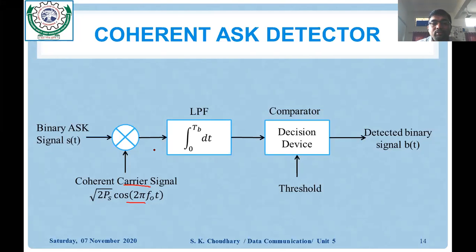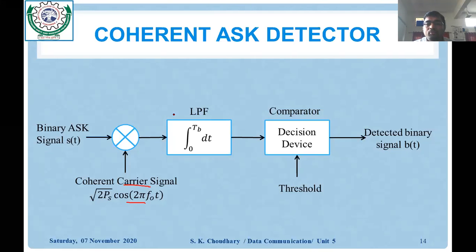When both are mixed in the analog multiplier section, you obtain a signal that is further passed through an integrator, that is a low pass filter with some bandwidth, and then this signal is passed to the decision device, where some threshold value is set. The decision device is nothing but a comparator, an analog comparator, where we use an op-amp as a comparator.